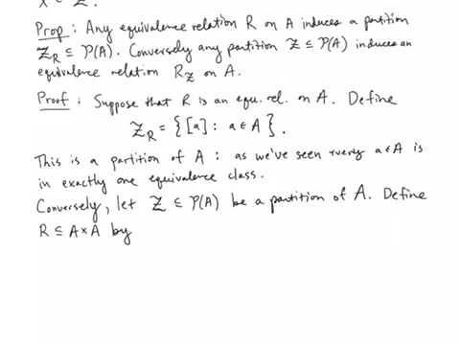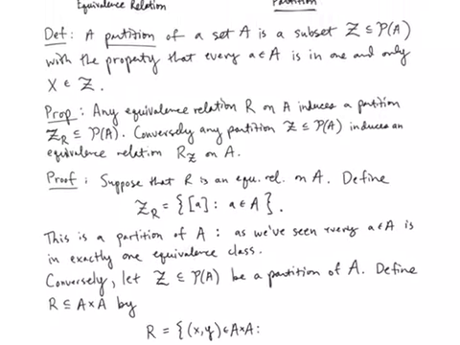So how are we going to define this set, which defines our relation? So R, it's going to be some x and y in A cross A, such that, well, when are x and y going to be related?